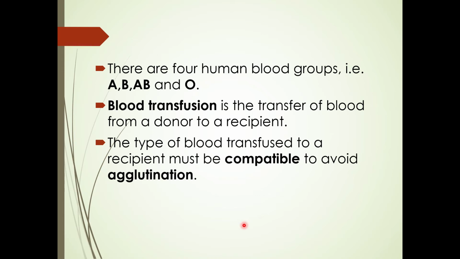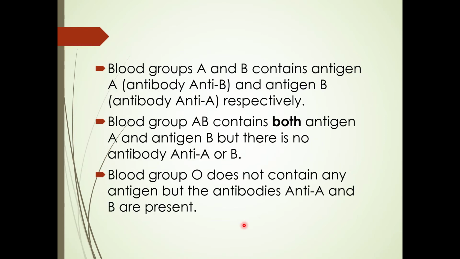You have to see the type of blood of the person first. Blood groups A and B contain the antigen A with antibody anti-B, and antigen B with antibody anti-A, respectively.